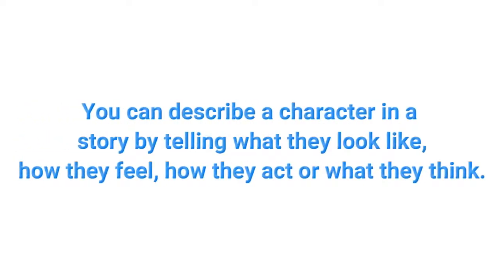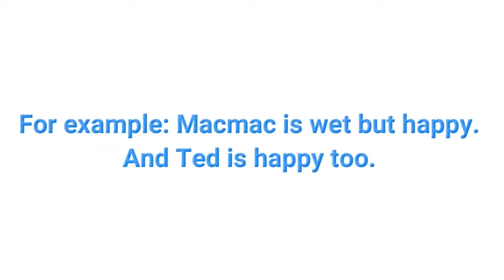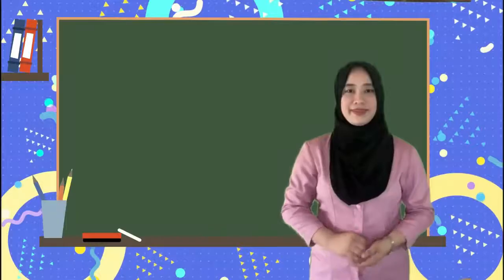Lastly, you can describe a character in a story by telling what they look like, how they feel, how they act, or what they think. For example, Mac is wet but happy, and Ted is happy too.